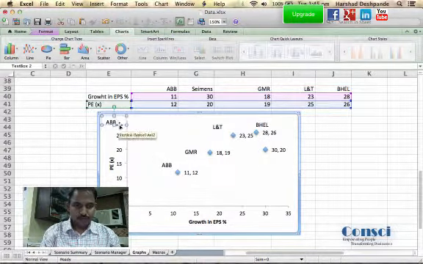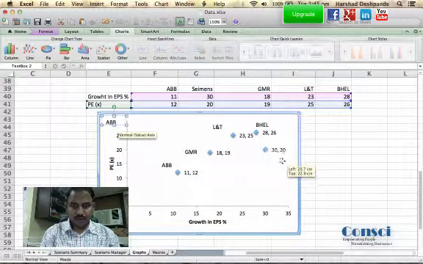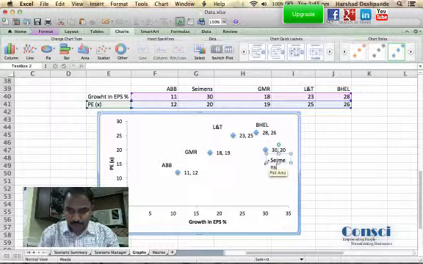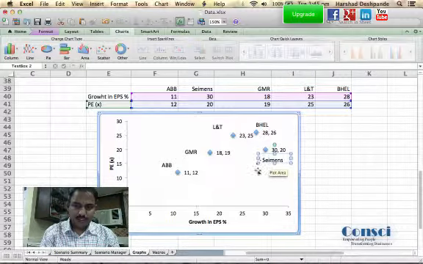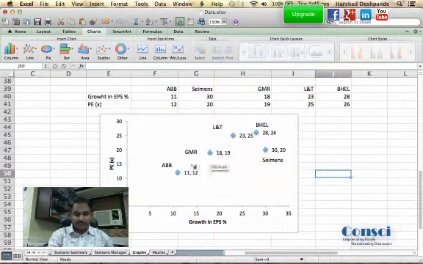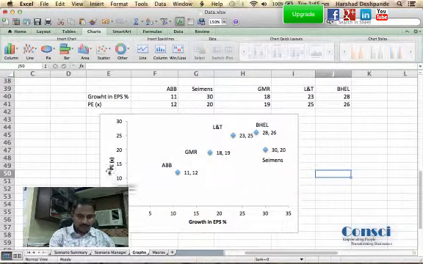So pasting the text box and taking it over here and just writing the name Siemens. Okay, formatting the text box little bit. So that's about it. So now if you observe this chart, this point represents a combination of 2 points, the PE and growth.